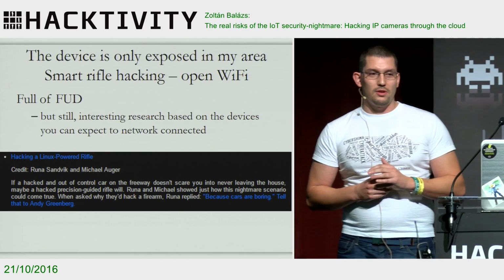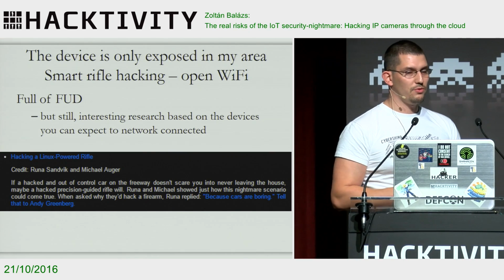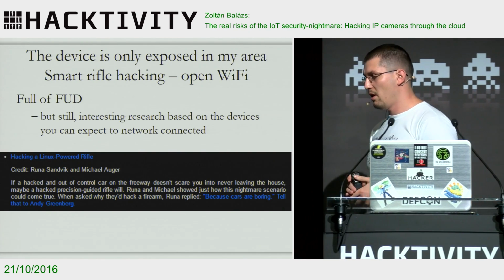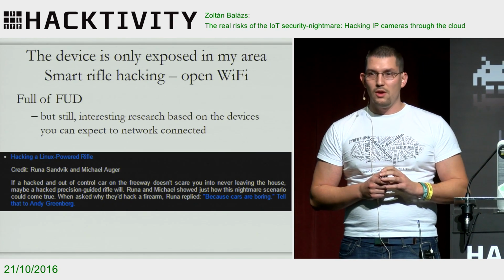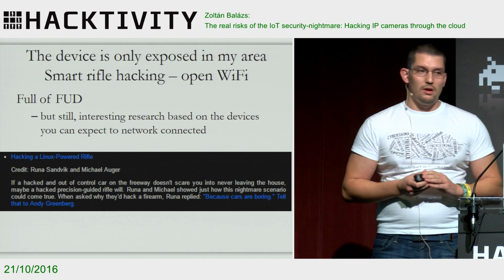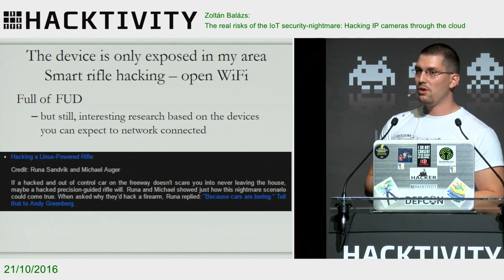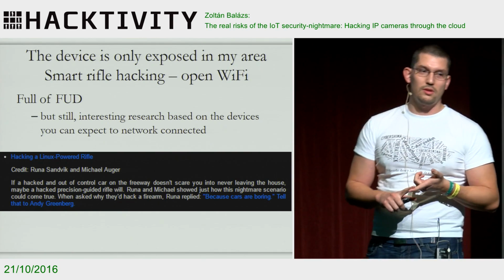Whenever it comes to hacking smart devices through wireless, I think it's worth mentioning that nowadays a hell of a lot of different devices are equipped with wireless access. For example, last year at DEF CON, researchers showed that there even exists a rifle which has a wireless access point, and Linux is running on it.